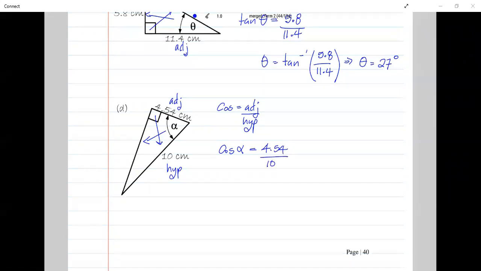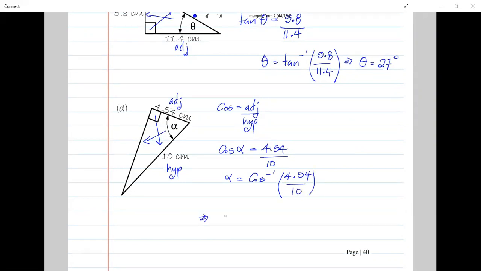Now, if I know the cosine of an angle, to find the angle, I'm going to use cosine inverse. So alpha would be equal to cosine inverse of 4.54 over 10.